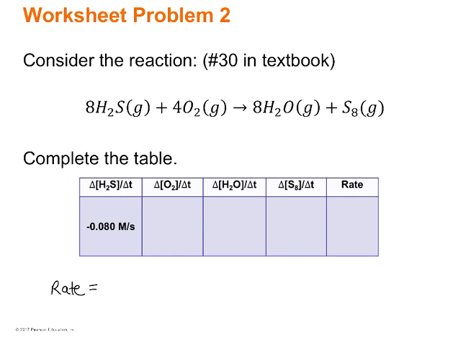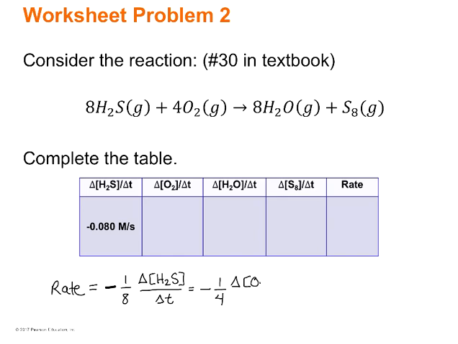So for H2S, that is a reactant, so it's negative. And then the coefficient is 8, so we're multiplying by 1/8. And then it's just the change in concentration over time. And then for our other reactant, oxygen, that would also be negative, and the coefficient is 4.